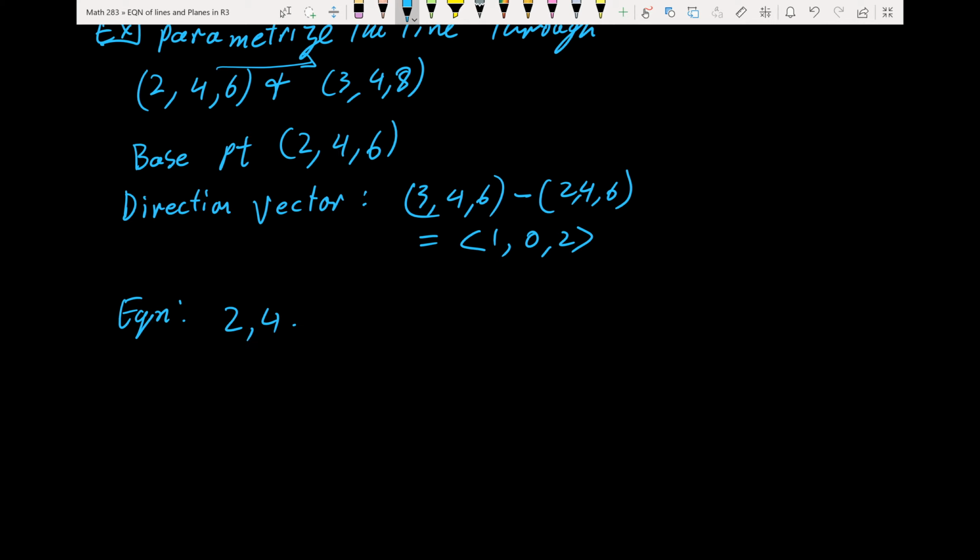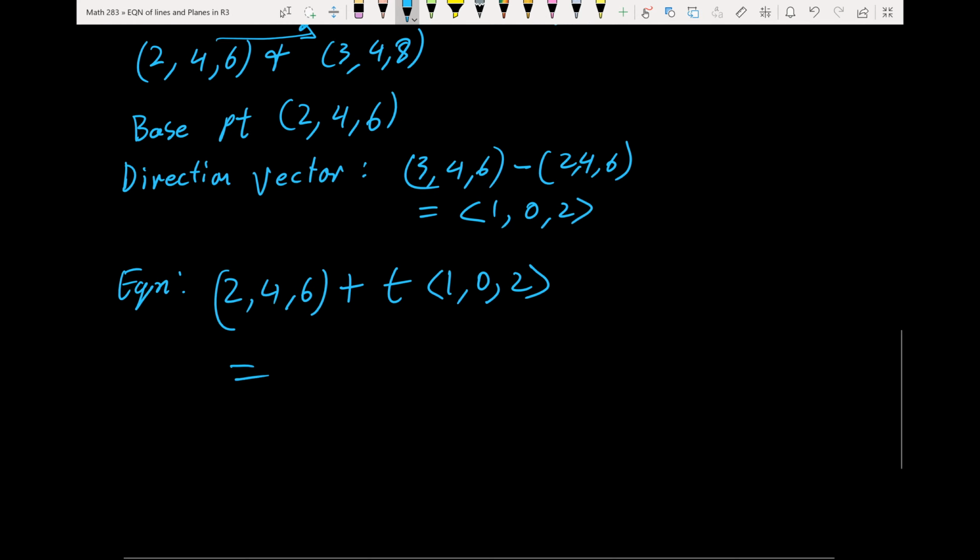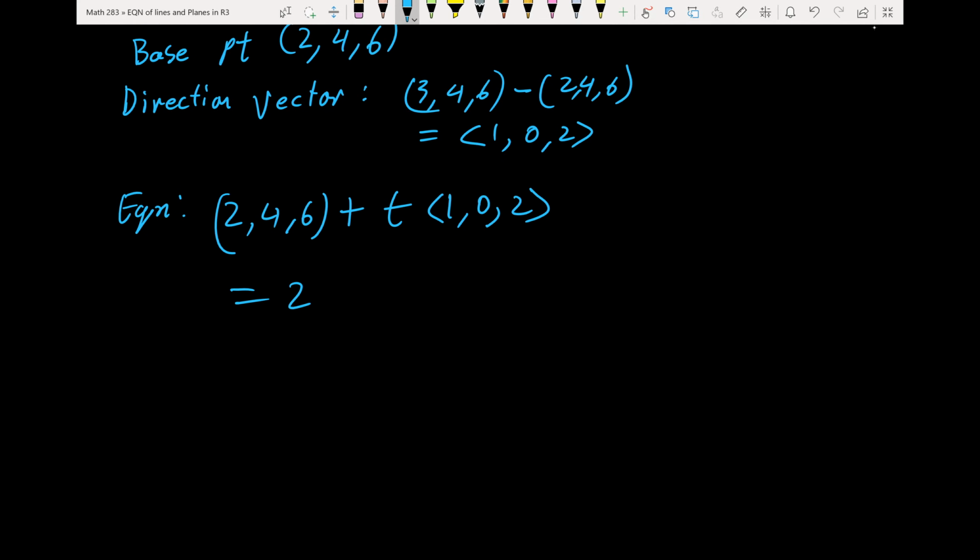2, 4, 6 plus t times 1, 0, 2. And from that, you could easily find that x is 2 plus t, y is going to be 4, and z is going to be 6 plus 2t.